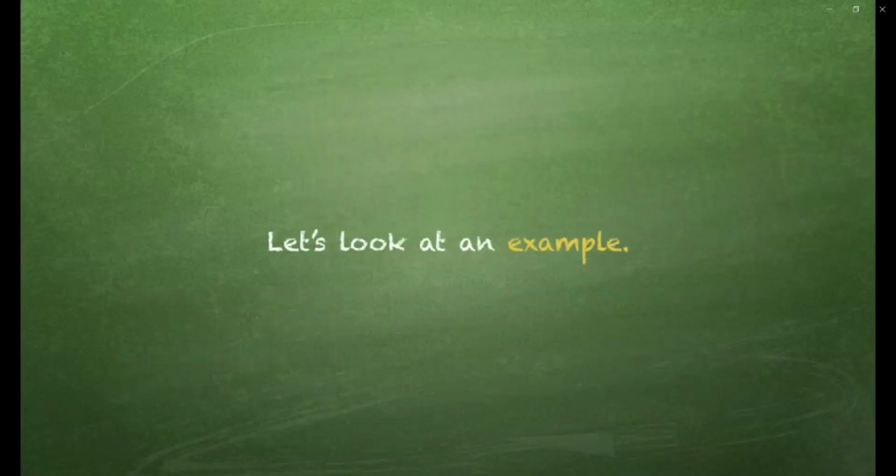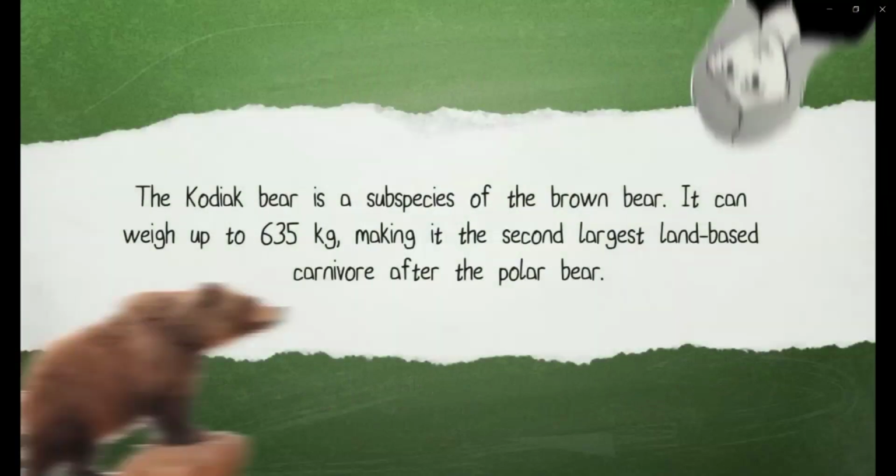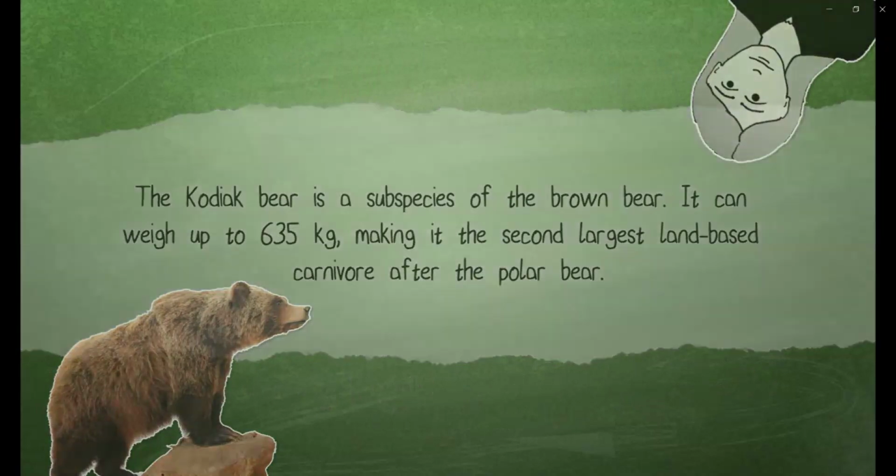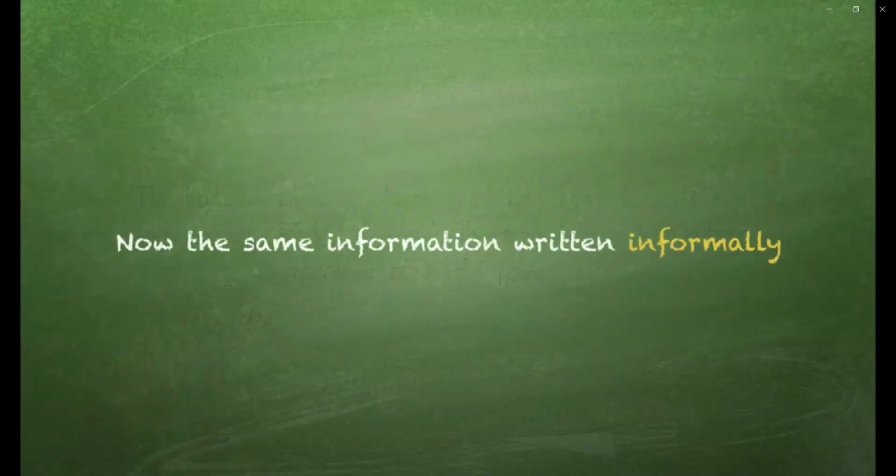Let's look at an example. First, a formal article. The Kodiak bear is a subspecies of the brown bear. It can weigh up to 635 kilograms, making it the second largest land-based carnivore after the polar bear. Now the same information written informally.